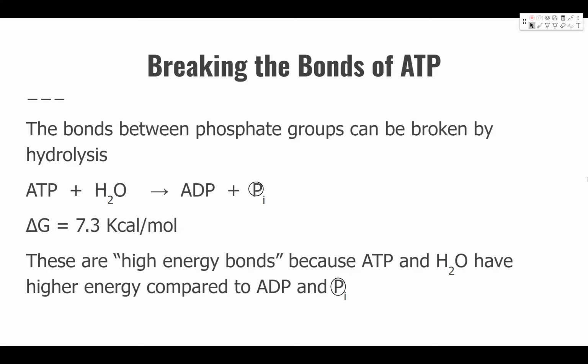So, there we go. When we do this, we use ATP and water. We break that apart. We get ADP and this little phosphate. It's a P with a circle and a subscript i. We call this an inorganic phosphate.